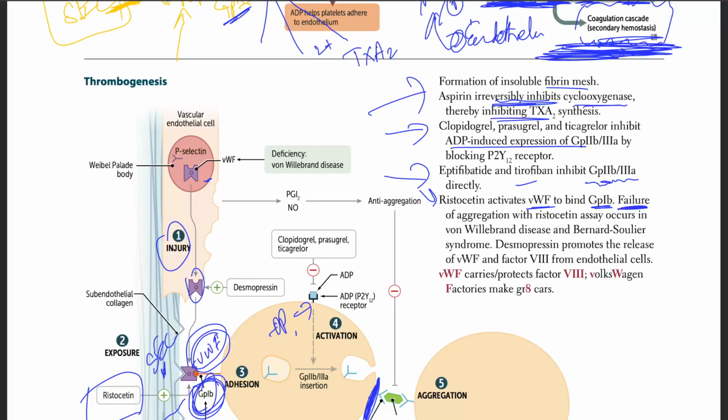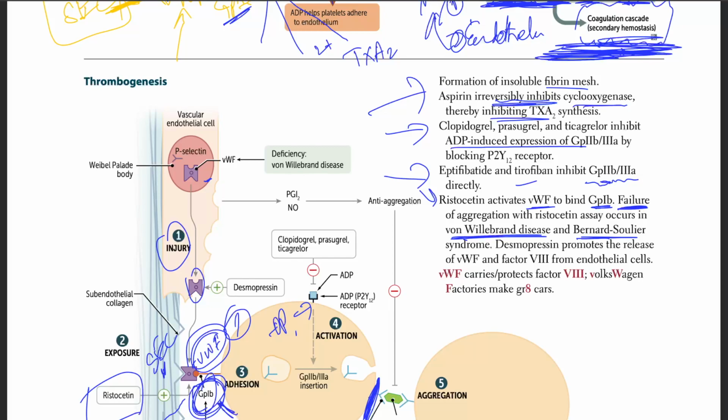Now, if you give this ristocetin and it failed for the binding, you can say, either we don't have von Willebrand factor, von Willebrand disease, or we have Bernard-Soulier syndrome, in which we don't have GP1B.